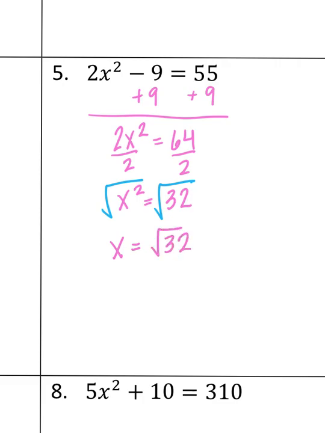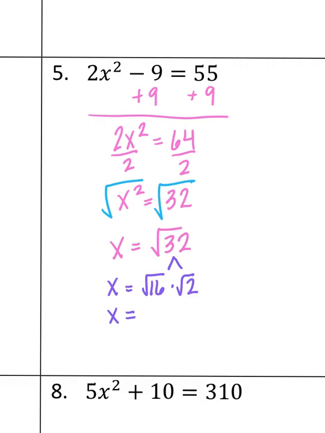Now, I can break radical 32 down and simplify it, because 16 times 2 is 32. So now I have x equals radical 16 times radical 2.